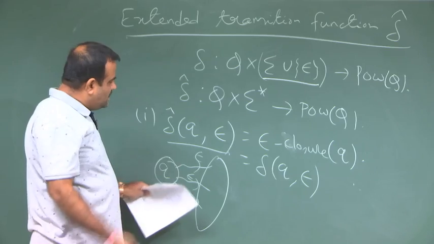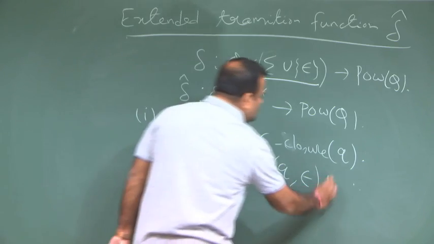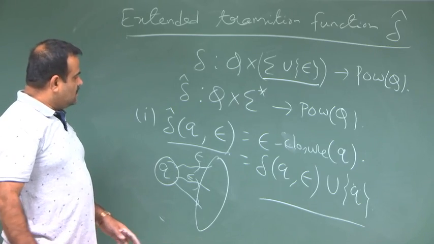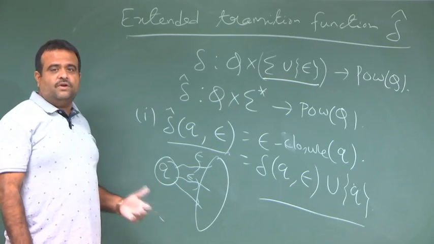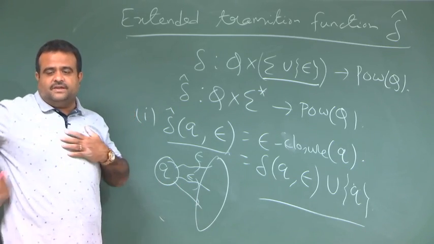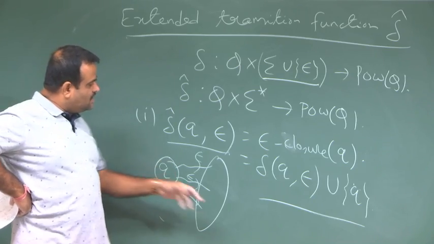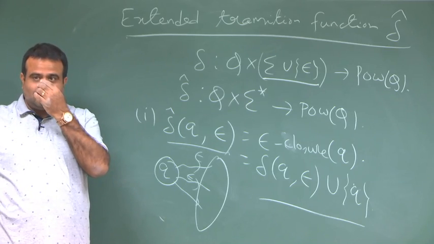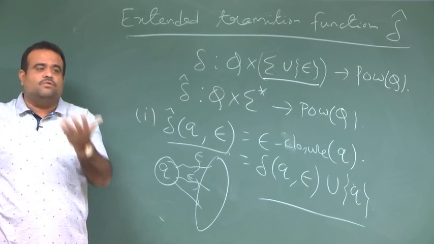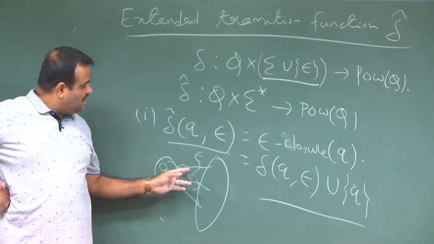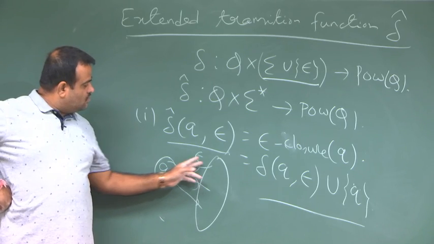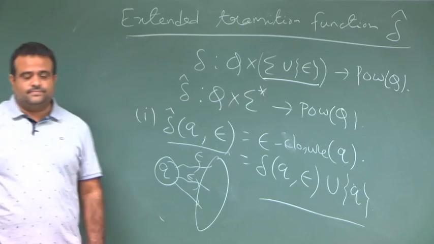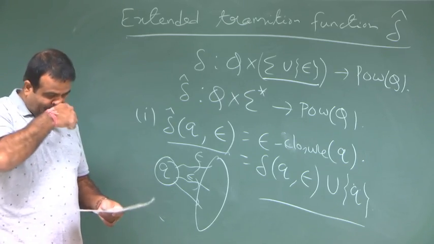Okay. Because we add union q. Q is there, because if we are at q and not reading any input, we remain at q. That is one thing. And another thing, we have the option of epsilon move: without reading the tape, we can move. So with epsilon move we can go from q to these states, so these all belong to this. So this is the base case. Okay.